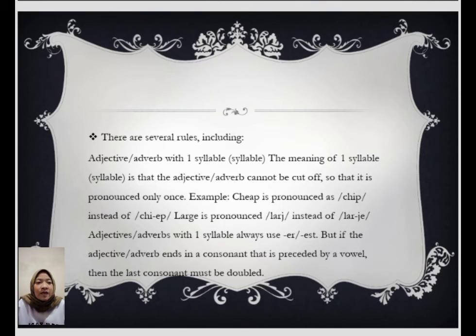But if the adjective or adverb ends in a consonant that is preceded by a vowel, then the last consonant must be doubled.